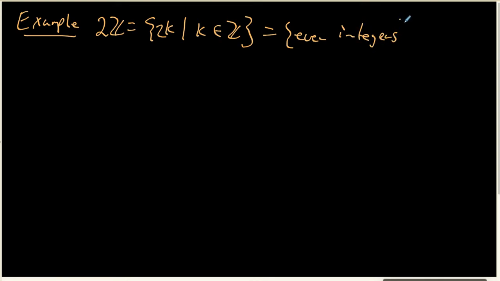And if I think about how the even integers work, I know that addition and multiplication are closed on 2Z, because if I add two even integers together, I get an even integer. If I multiply two even integers, I get an even integer.